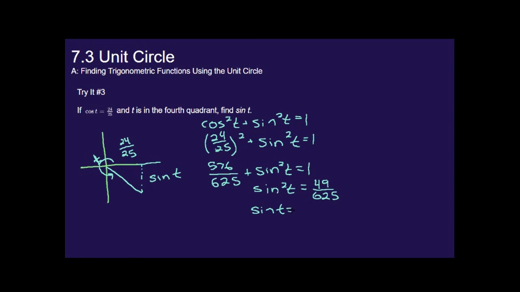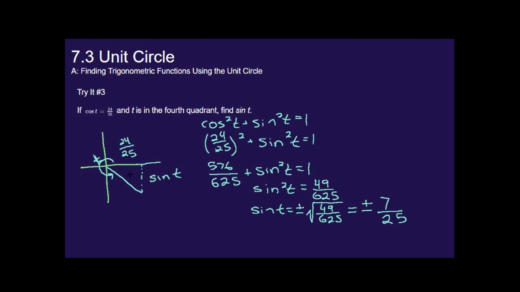Sine of t, and then keep in mind I have to do the positive and the negative of 49 over 625. Okay, this one is nice because 49 is a perfect square. The square root of 49 is 7, and the square root of 625 is 25. So the two possible solutions are positive 7 over 25 and negative 7 over 25.